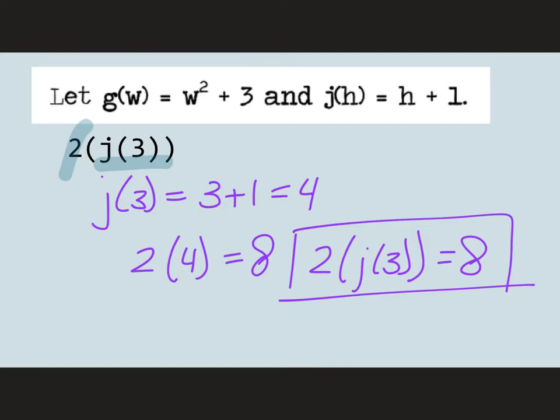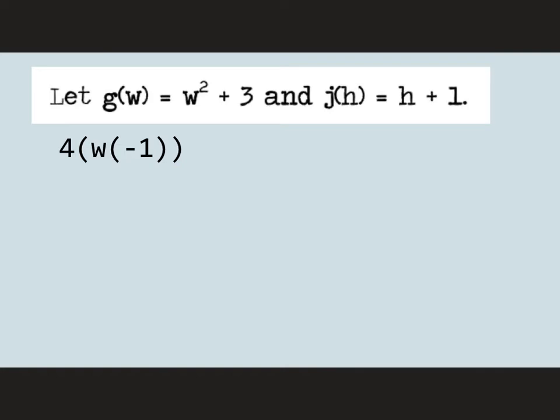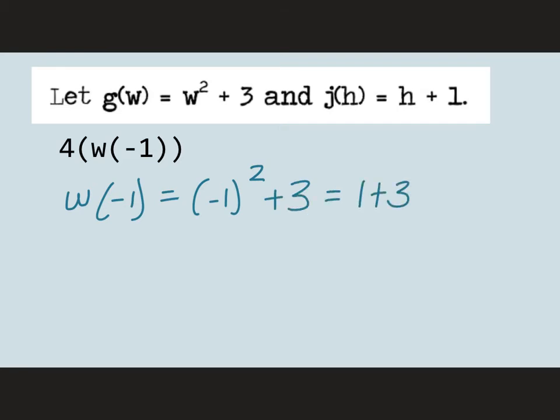Let's see what we have over here. Okay, essentially the same thing. We're going to do w of negative 1 first. So that means I have negative 1 squared plus 3. Negative 1 squared is 1, plus 3 is 4. I think we did this one prior, so that seems familiar.